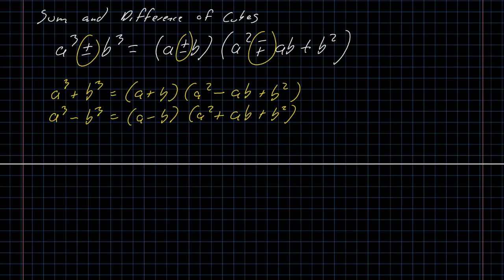The other thing that I wanted to point out here is that the sum and difference of cubes rule ends up with this extra term. Our rule for factoring trinomials will never allow you to factor this further.